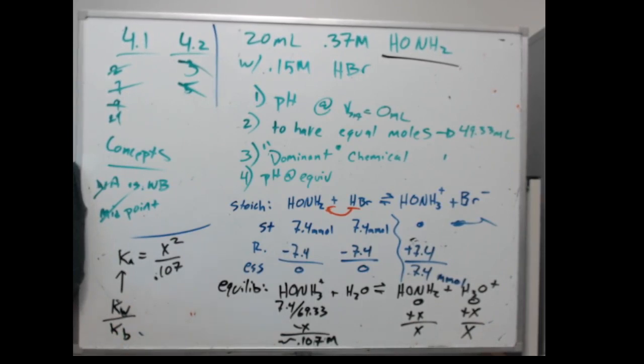Here's the nice thing about the equivalence point calculations: it just looks like a weak acid in water. We end up with x squared over concentration equals Ka. For the equivalence point of a weak base, it's x squared over initial concentration equals Kb. That x is OH minus instead of H plus, but it's the same calculation.